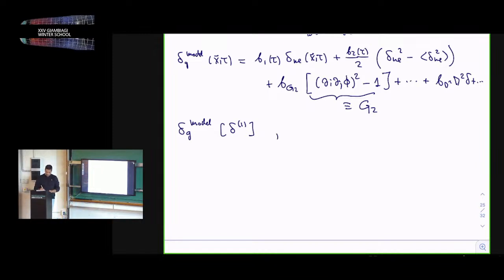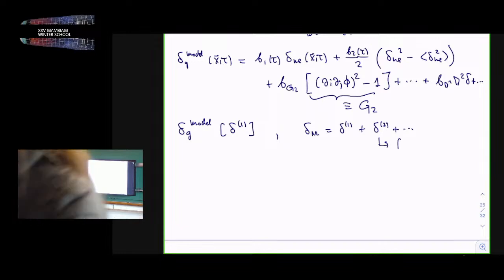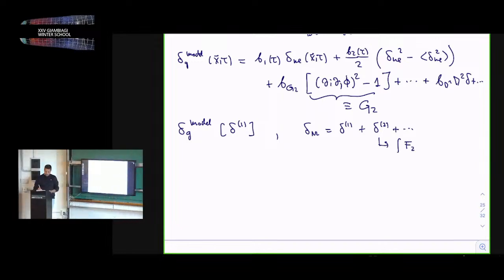You just have to remember, for example, that the nonlinear matter field was basically the linear field plus some second order field and so on. This second order field was some complicated convolution where you had F2 and two linear fields. I hope that you remember this.